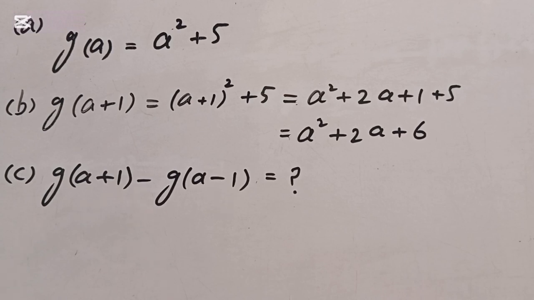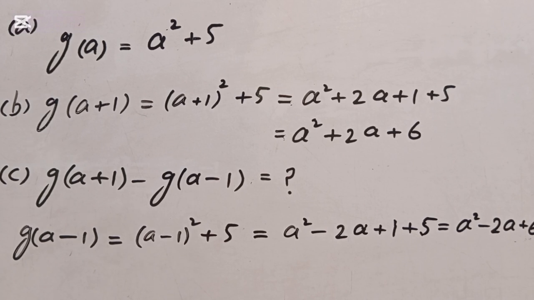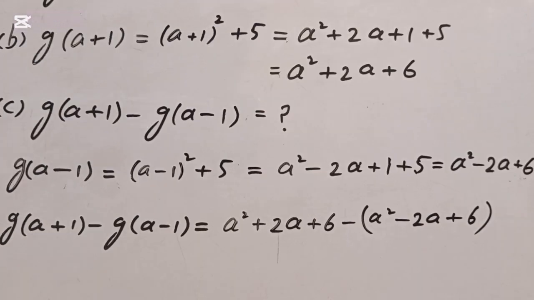In part C, we have to find out g(a plus 1) minus g(a minus 1). Now we have found g(a minus 1), which results in a square minus 2a plus 6. And the value of g(a plus 1) we will take from what we have done in part B. We put the value of g(a plus 1) from the previous part here, and then minus this one, and the value of g(a minus 1) we have calculated here.